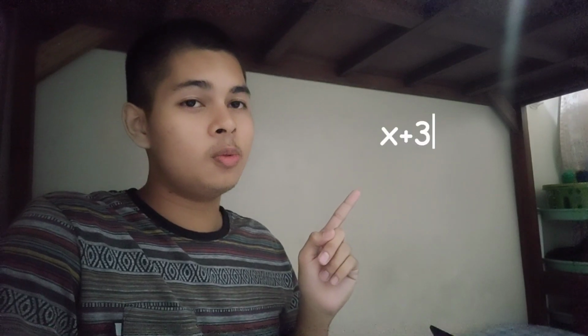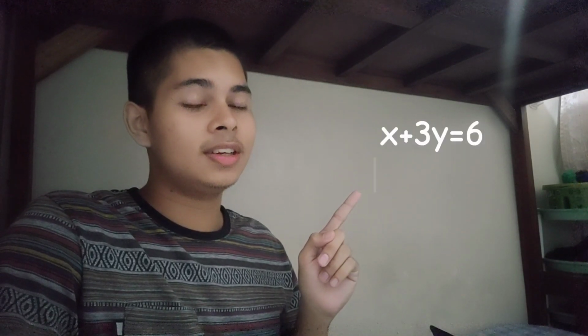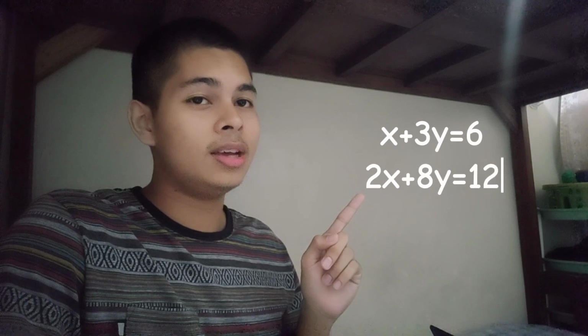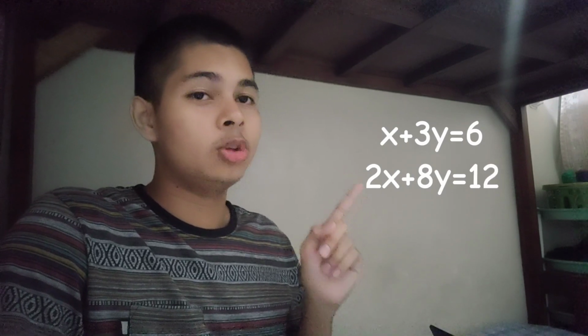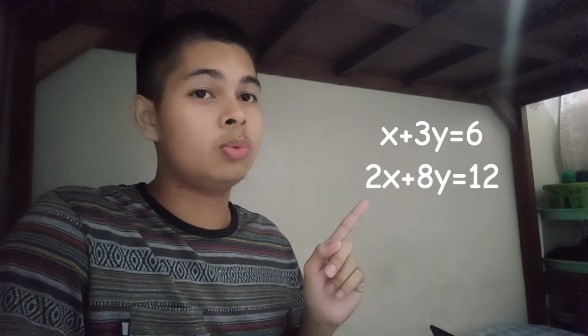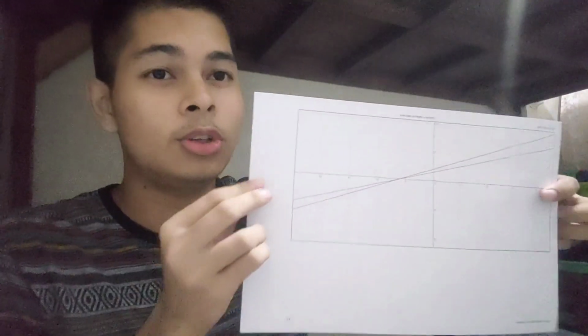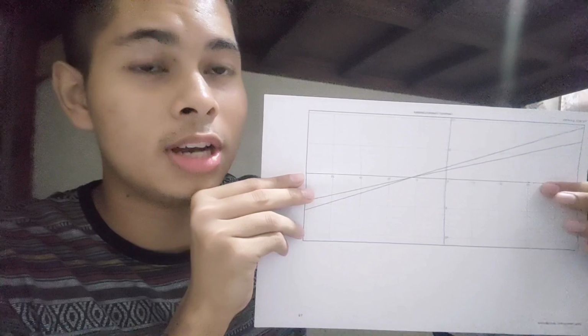A good example of this might be x plus 3y equals 6, 2x plus 8y equals 12. So when we graph this type of equation, it will be looking like this. I have graphed this equation at the Desmos app.